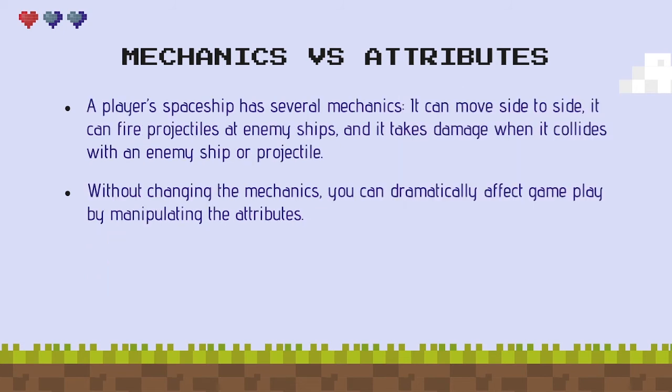Okay? Next is, player spaceship has several mechanics, no? So, ito nga, sinabi natin, it can move side to side. Okay? So, without changing the mechanics, you can dramatically affect the gameplay by manipulating the attributes. Okay, so halimbawa, sabihin na natin, ito yung mechanics natin, constant yung mga yan. It can move side to side.